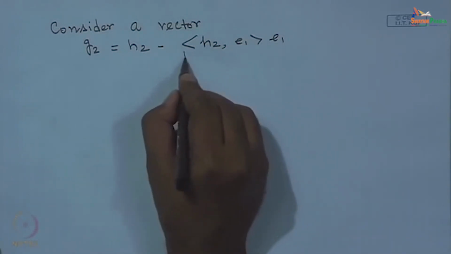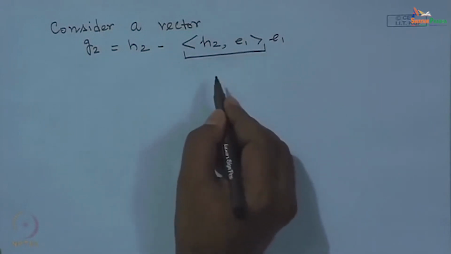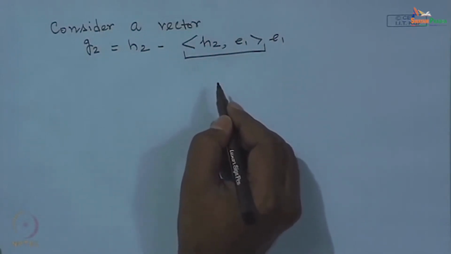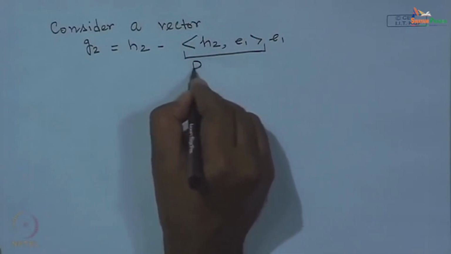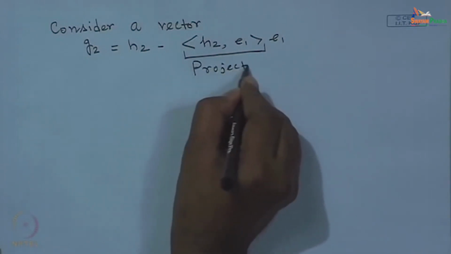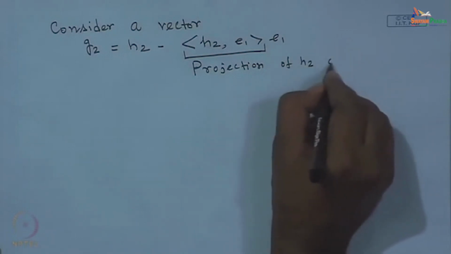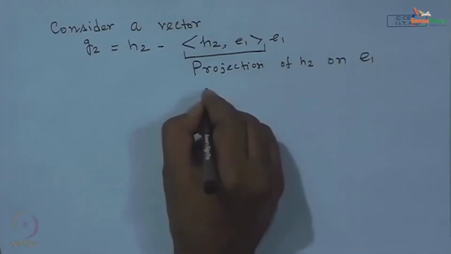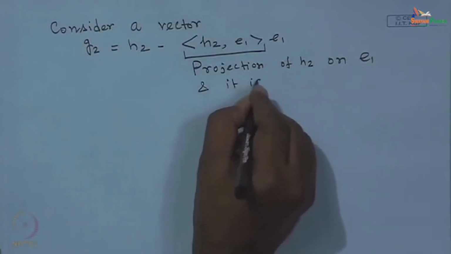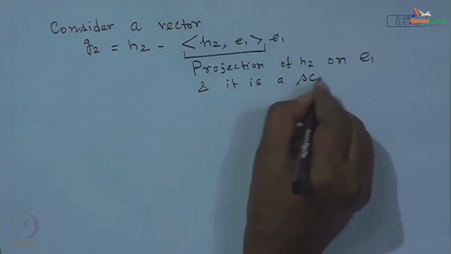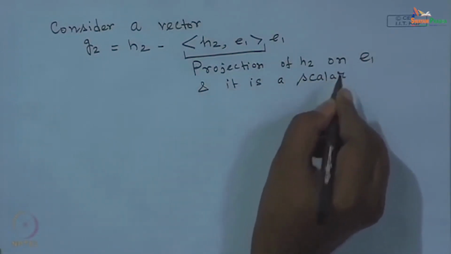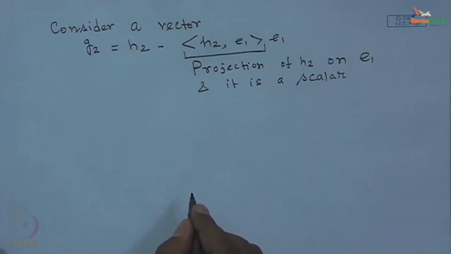So, what does the inner product of H2 and E1 physically signify? It is nothing but a projection of H2 on E1, and it is a scalar. So, this is a scalar multiplier.